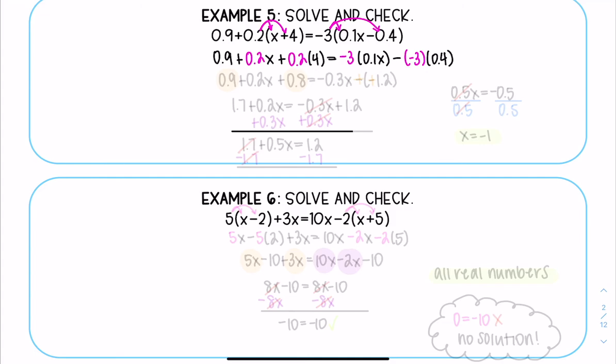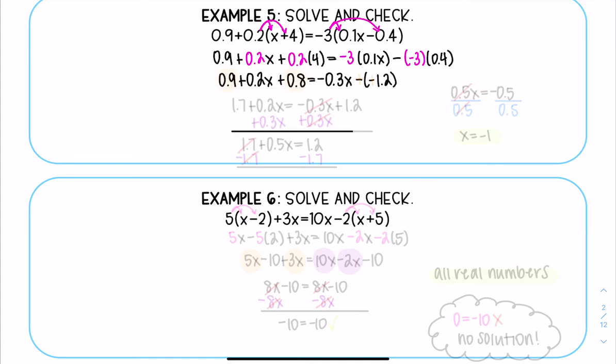So let's simplify. We've got 0.9 plus 0.2x, and 0.2 times 4 is going to give me 0.8. On the right hand side, we've got negative 3 times 0.1x, and so that gives me negative 0.3x. And then negative 3 times 0.4 gives me negative 1.2.